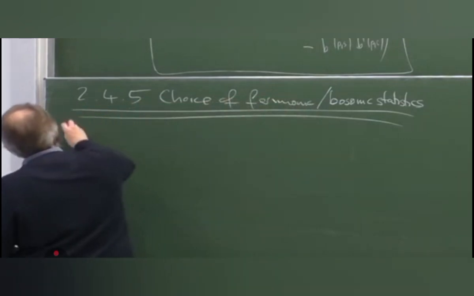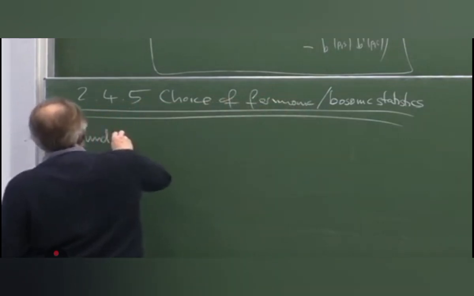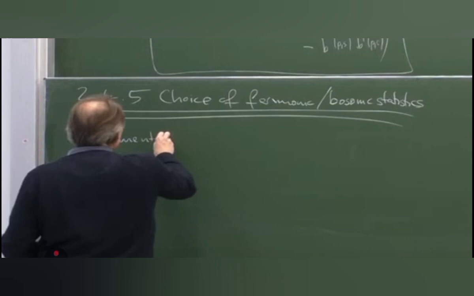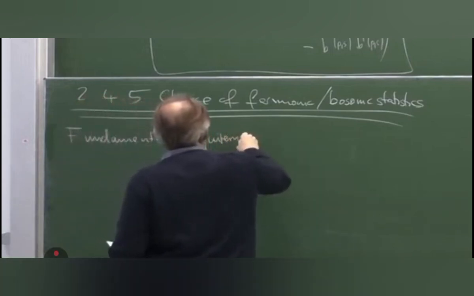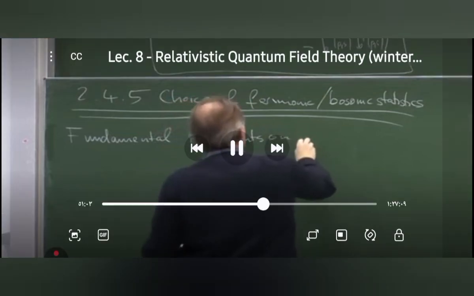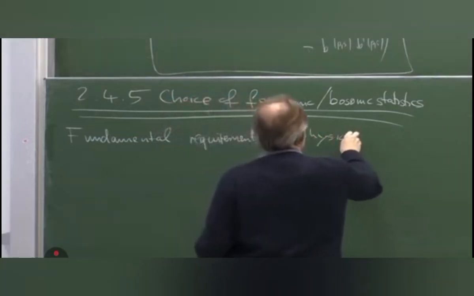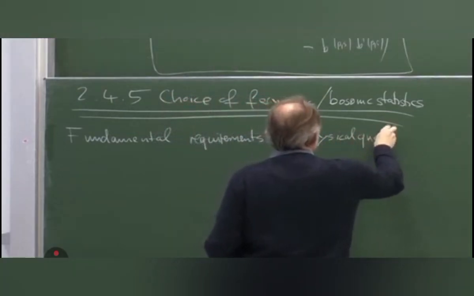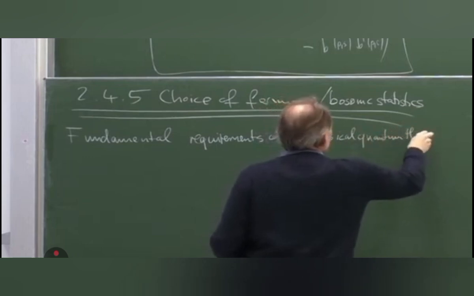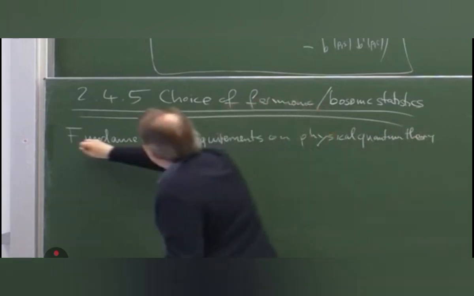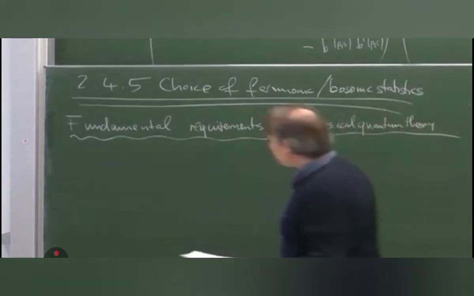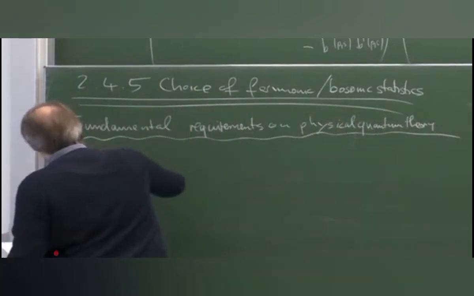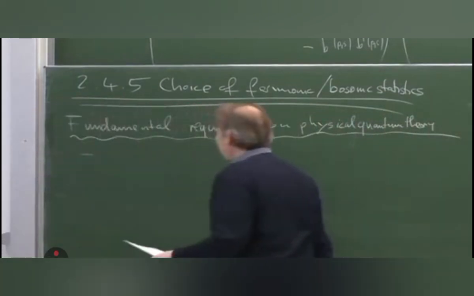And before going there, let me even write down some fundamental requirements on any quantum theory. I stress here a physical quantum theory, which should be interpreted physically and which has the chance of actually describing nature.